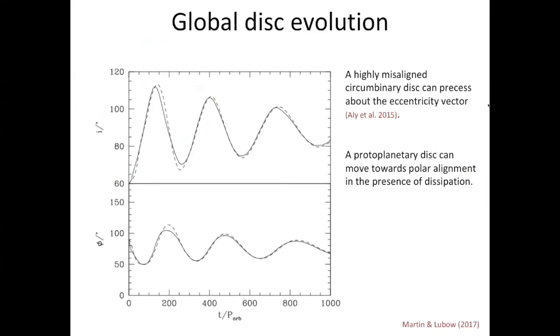In a polar aligned state, the disk is perpendicular to the binary orbit, with its angular momentum vector aligned to the eccentricity vector of the binary. The dashed and solid lines in this plot show two different radii in the disk, and you can see that they're quite similar because the disk is behaving as a solid body.